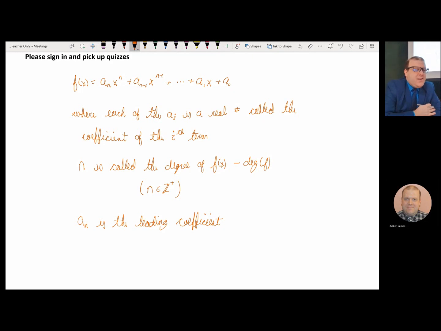a sub n is the leading coefficient. The entire a sub n x to the n is the leading term.